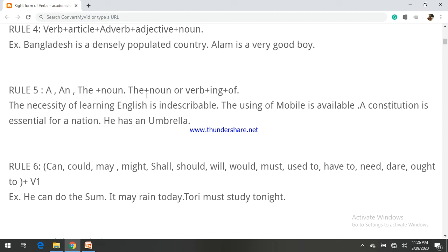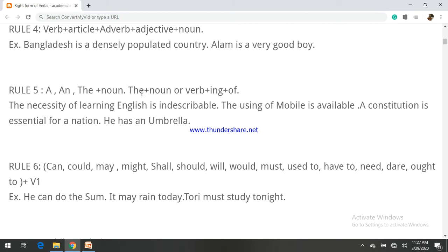Okay, let's see the necessity of learning English. Another one is the plus noun, or verb plus ing plus of. After these articles, or the plus noun.